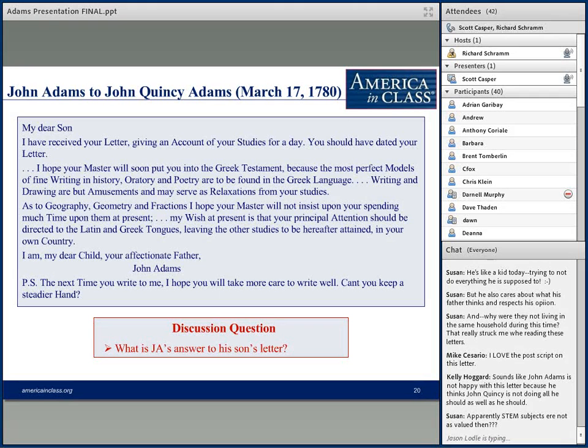This is another good reason why we don't have letters from lots of 18th century Americans. If parents and children were living in the same household, they wouldn't need to write letters to one another. This is a population that in certain ways is much less mobile than our population today.